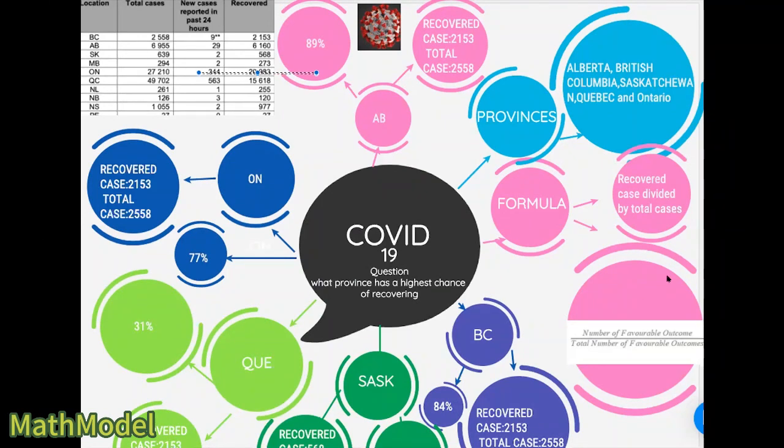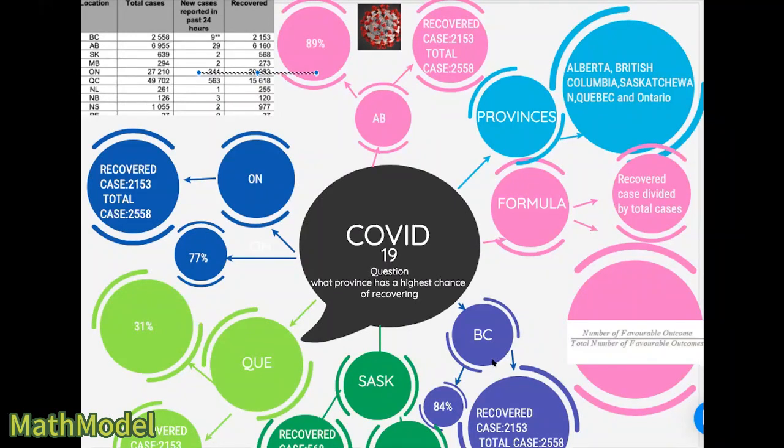The formula I used to calculate this is the number of favorable outcomes over the total number of outcomes. Basically, this means recovered cases divided by the total cases, and you get a percentage.